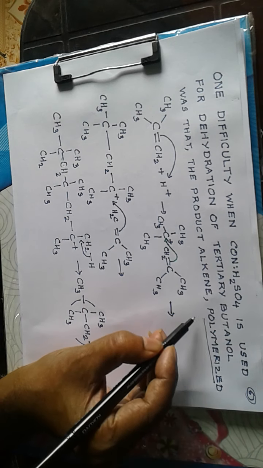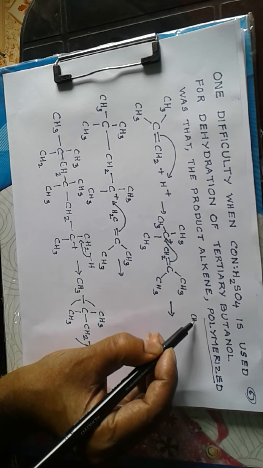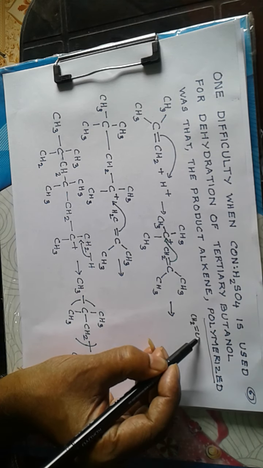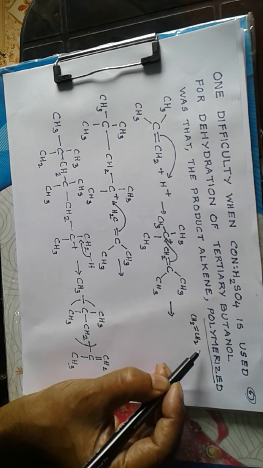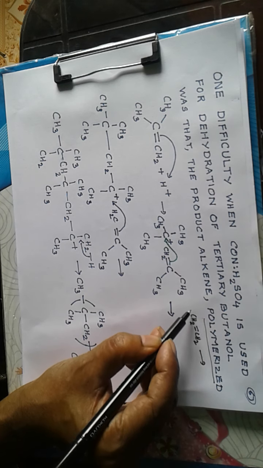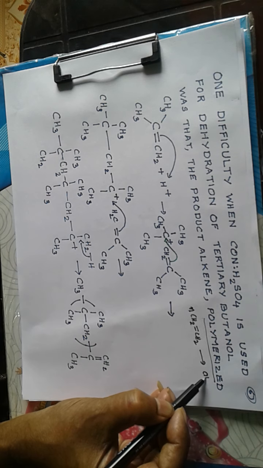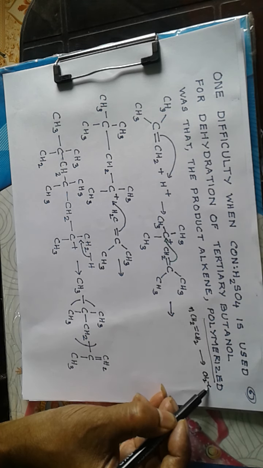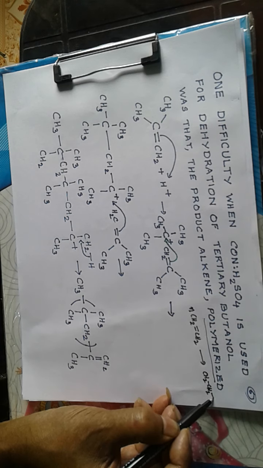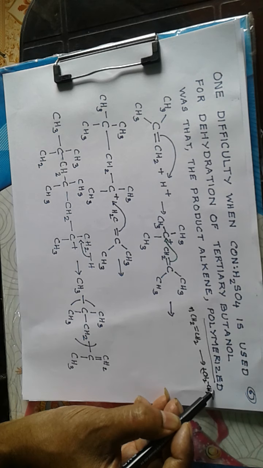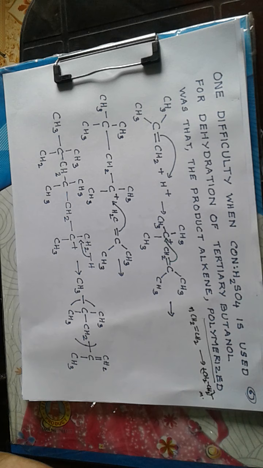So simple molecules like CH2=CH2 reacting together, say n molecules, we get CH2-CH2 with valencies over these carbons, n times it is called.